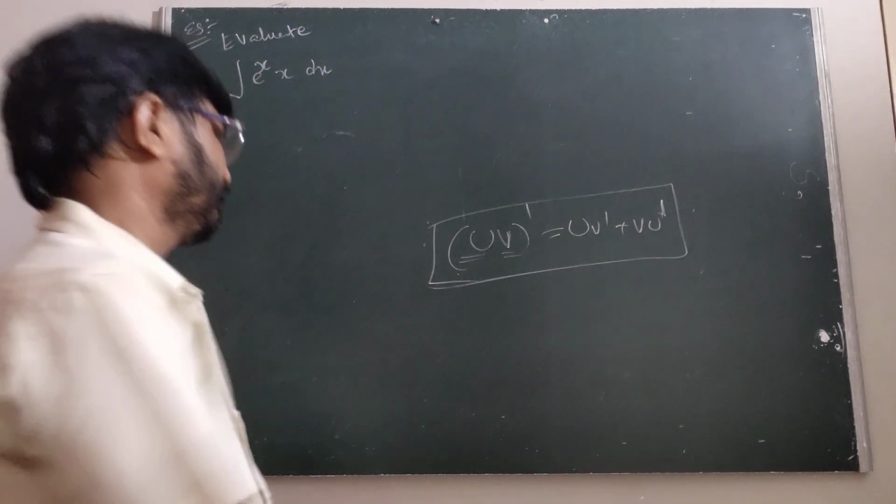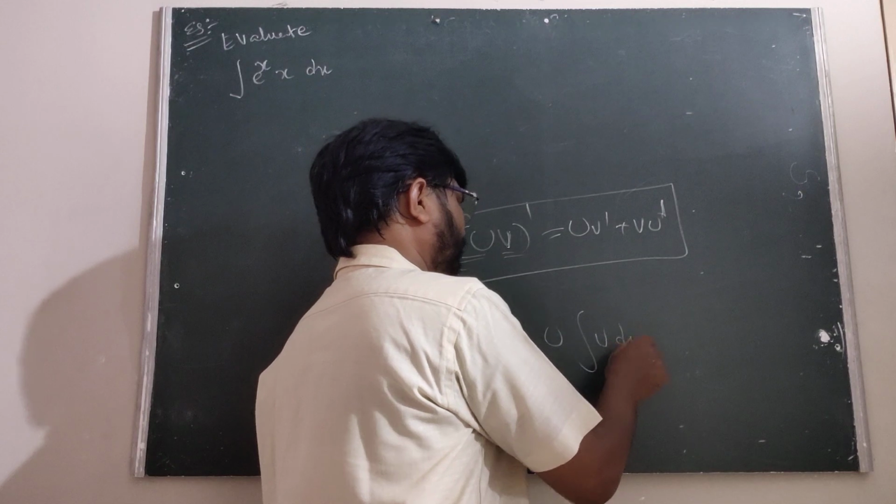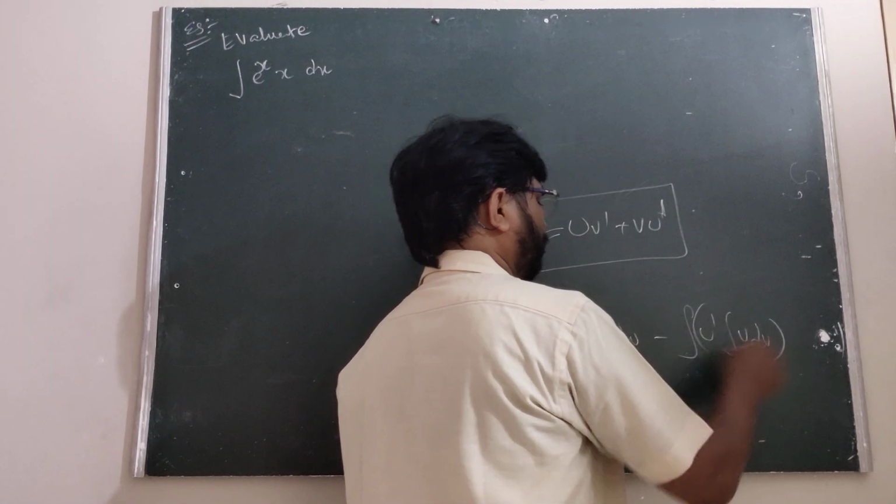But not that here. Here we know that the integral of uv is u into integral of v minus derivative of u into integral of v, whole of dx.